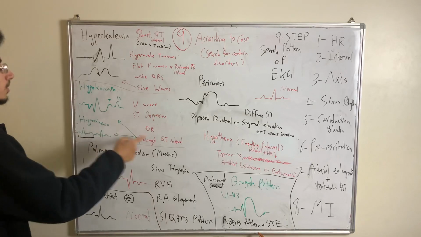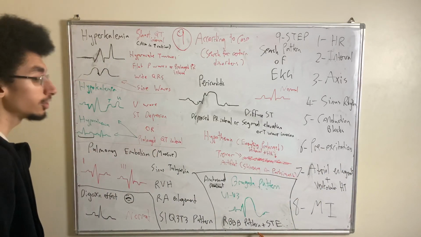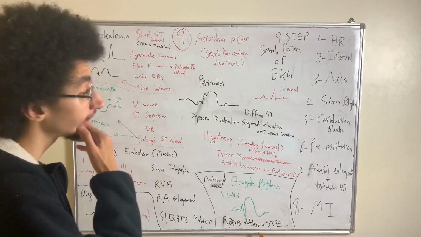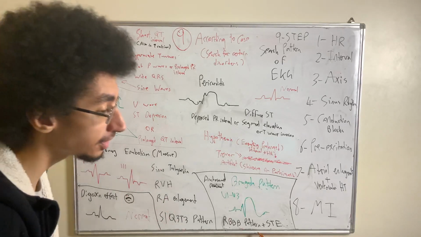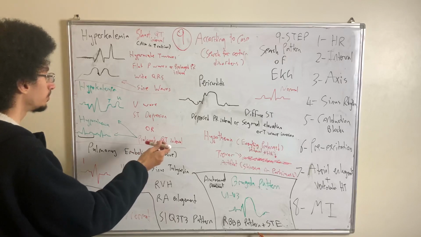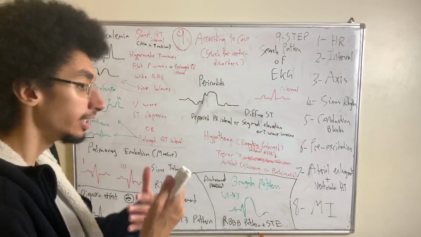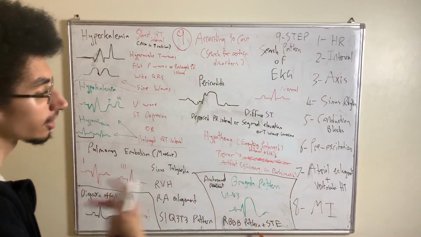Hypo and hypo, prolonged QT interval. So a prolonged QT interval, as you know from previous videos, can lead to the development of a polymorphic ventricular tachycardia thanks to a premature beat hopping on top of it, and this can lead to torsades de pointes, which is a very dangerous ventricular arrhythmia.